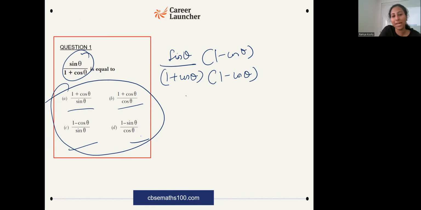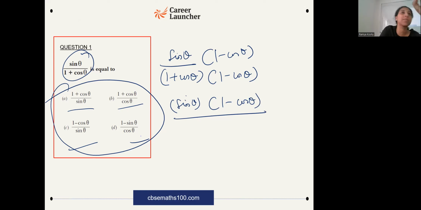Don't open the brackets for the numerator. Denominator will be a plus b into a minus b, which is a square minus b square, 1 minus cos square theta. So I'm going to get sine theta into 1 minus cos theta by 1 minus cos square theta.